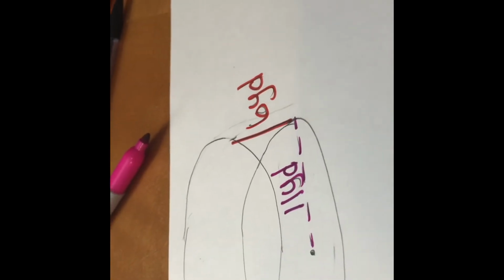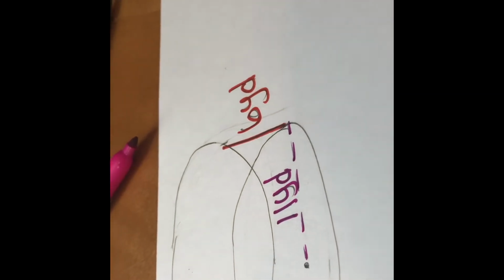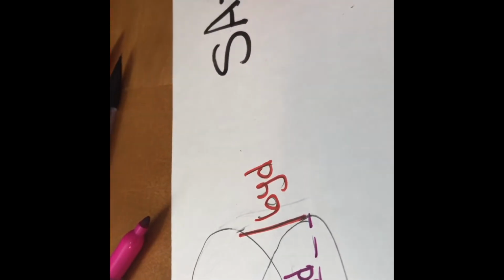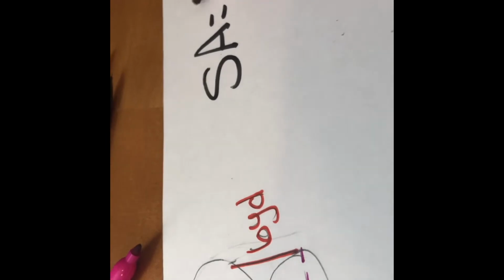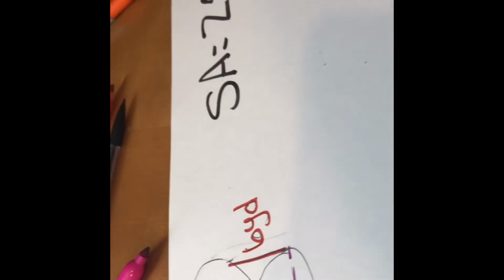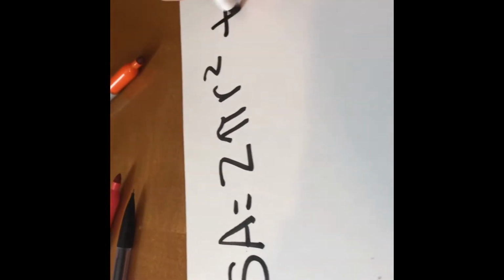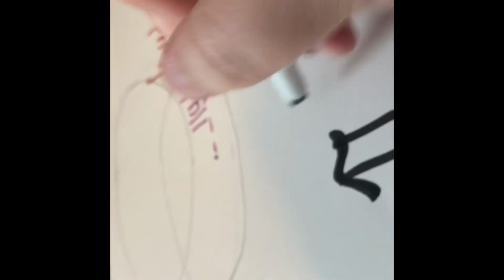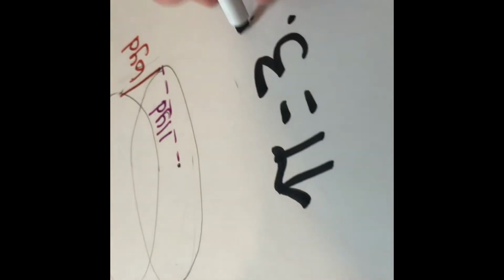The formula is kind of long, but it's pretty easy because you only have 2 different numbers. So our formula is surface area is equal to 2 pi r squared plus 2 pi r h. So don't forget, let's go ahead and write this down. Pi is equal to 3.14.